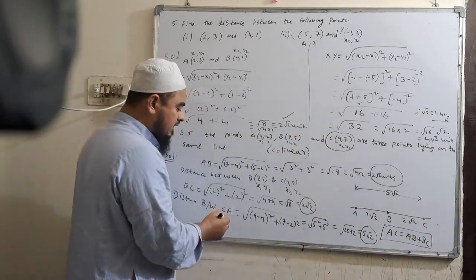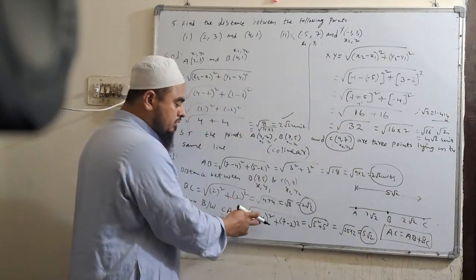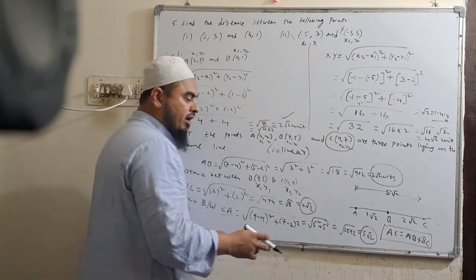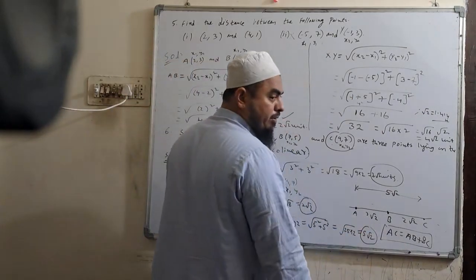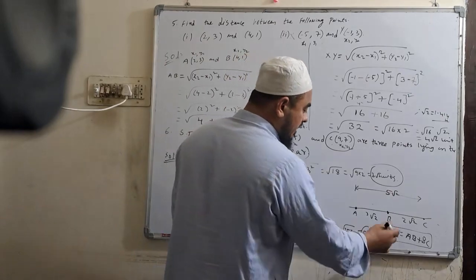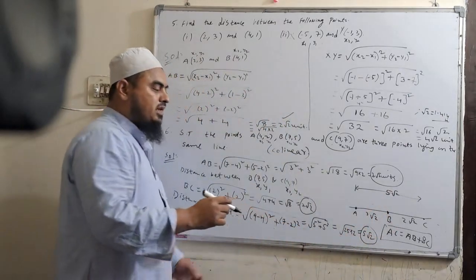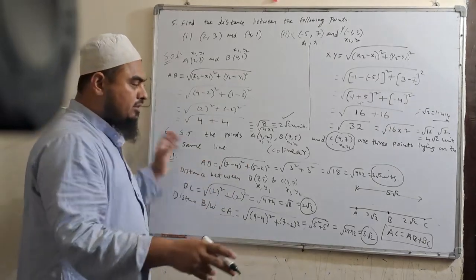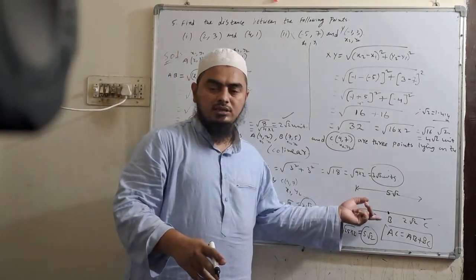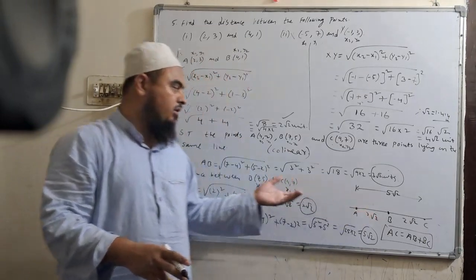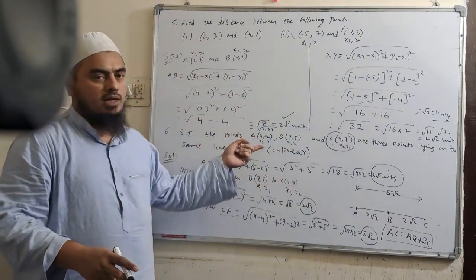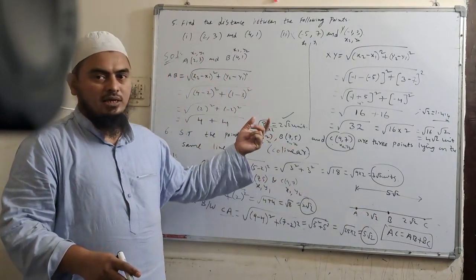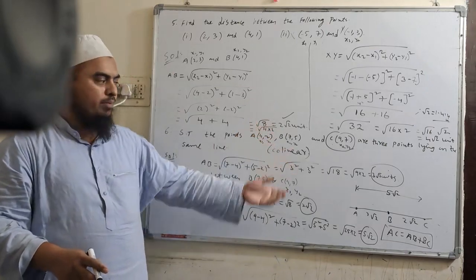AC is nothing but CA, because we are doing the squares, we get the same value. AC is equal to AB plus BC. Okay. This shows that all the 3 points A, B, C lie on the same line. So that's why these 3 points are called collinear. Okay. That's how you have to verify. You have to find AB, BC and CA lengths, and you have to compare the values.